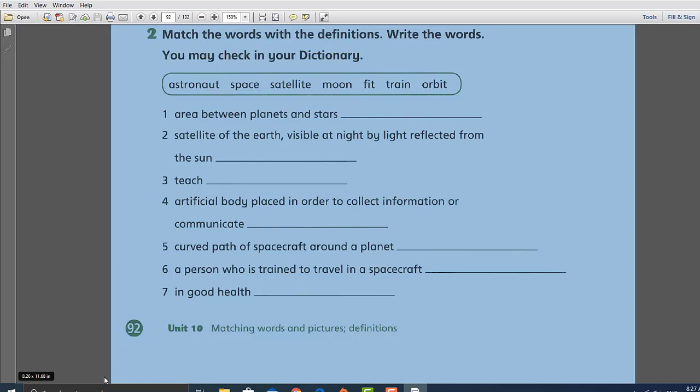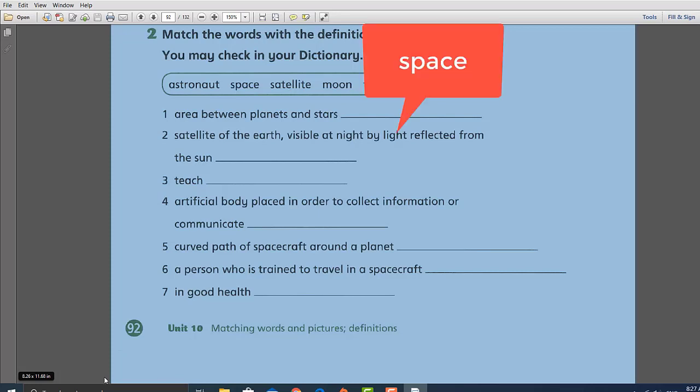Exercise number 2. Match the words with the definitions. Write the words; you may check in your dictionary. Number 1. Area between planets and stars. What do we call it? Very good.